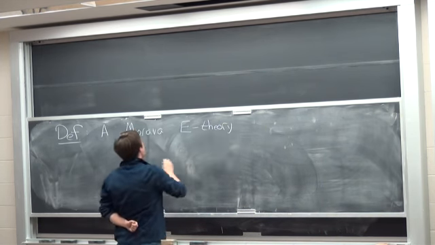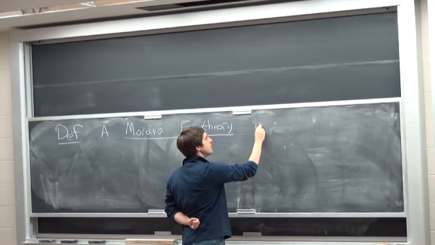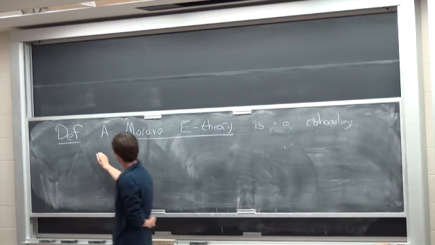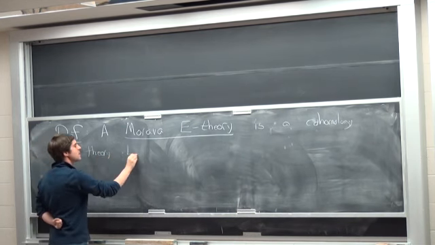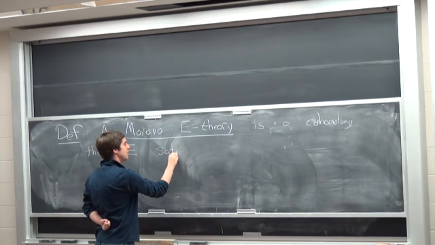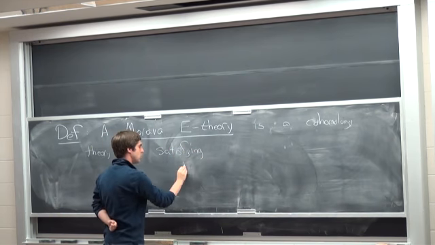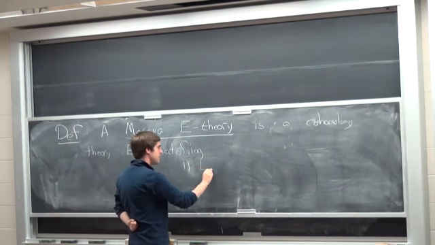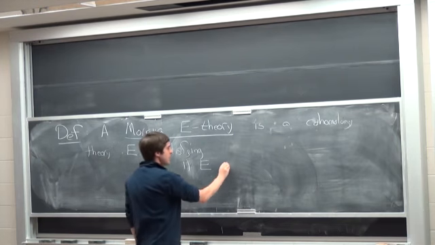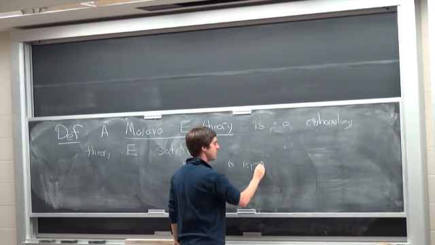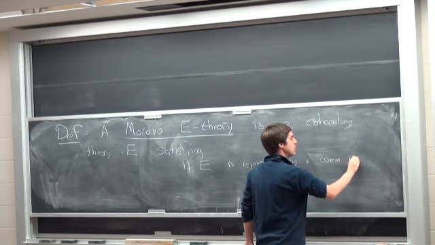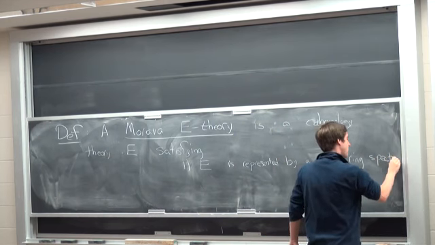So a Morava E-theory is a cohomology theory E, for E-theory, satisfying three conditions. So one is, well, this is going to be something that's probably not familiar if you're not a stable homotopy theorist. But E is represented, or can be represented, by a commutative ring spectrum. So let me just say a brief word about that.